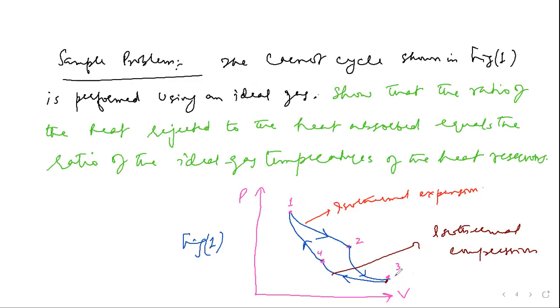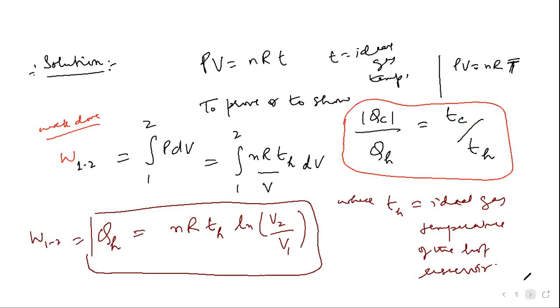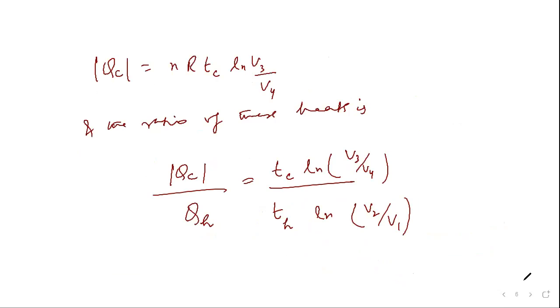This is an adiabatic path. 1 and 4 are connected by an adiabatic path, and 2 and 3 are also connected by an adiabatic path. And we know for an adiabatic path for an ideal gas, let me move to the next page.